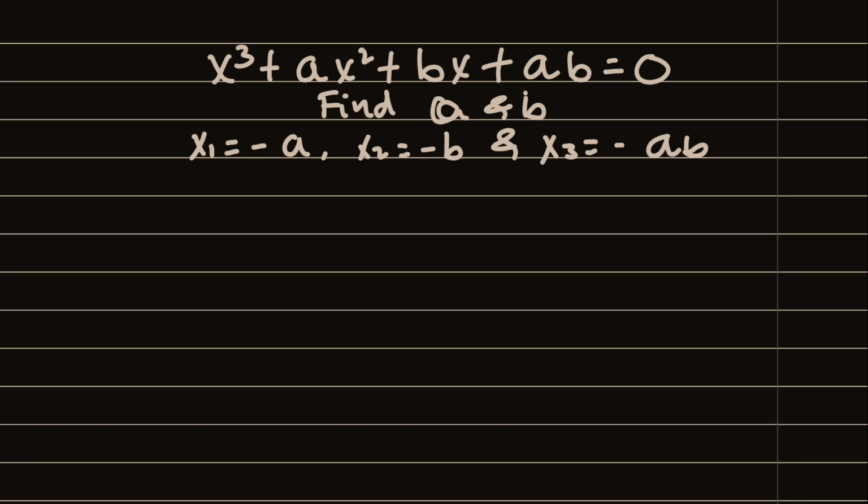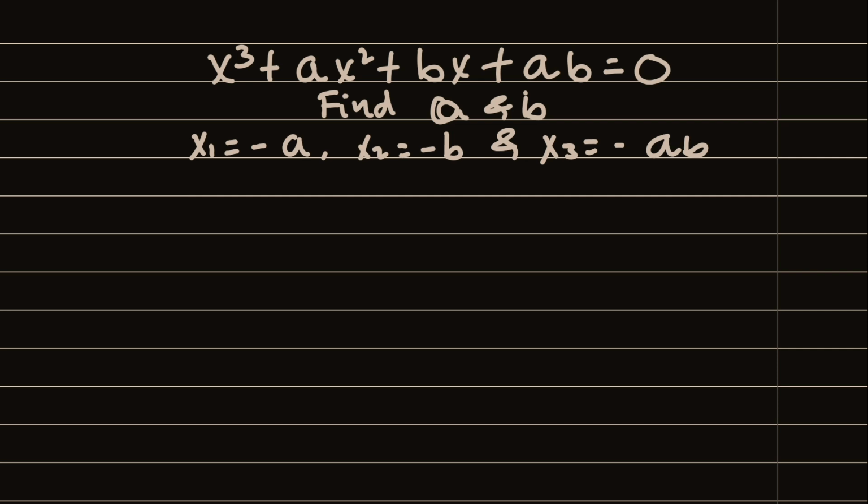So, as I have said, we are going to solve this problem using Vieta's formula. What's Vieta's formula? Vieta has three formulas for cubic equations. The first one is the addition of the roots.